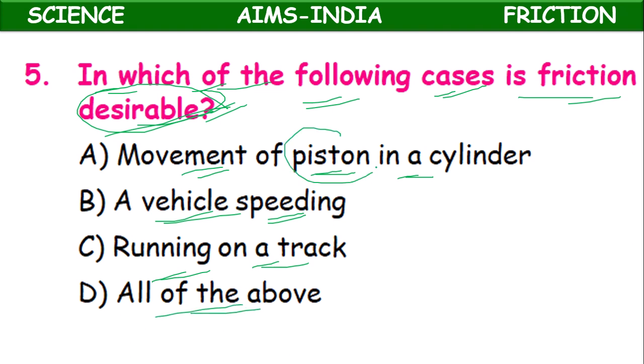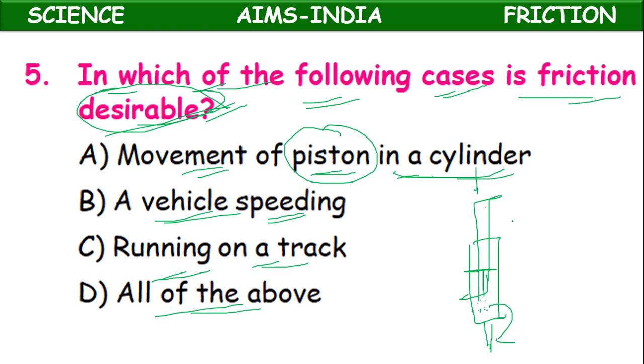Piston means, while giving an injection, with the syringe he will press this tube-like structure down, and the injection liquid will come out. This is called the piston. For smooth movement of the piston, there should be less friction. In this case, friction is not desirable.